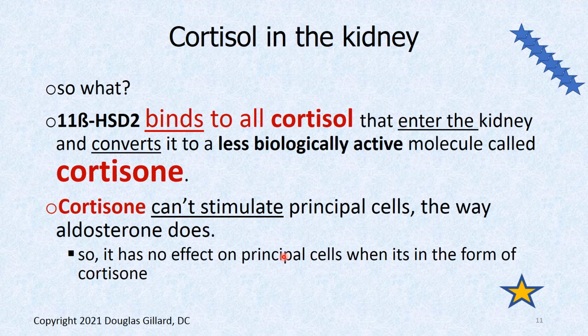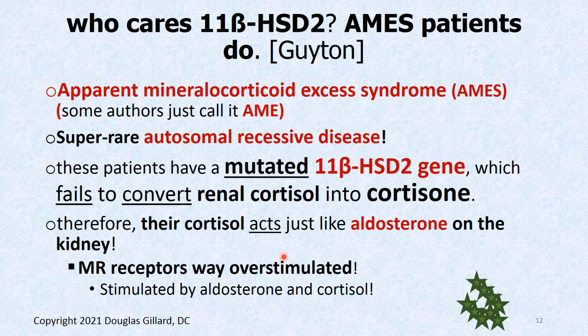It grabs cortisol by the throat, cuts off its tail, and creates cortisone. Cortisone cannot bind, not very well anyway, to MR receptors. So a clinically insignificant amount of cortisol can bind to MR receptors and cause the reabsorption of salt and water. Super important.